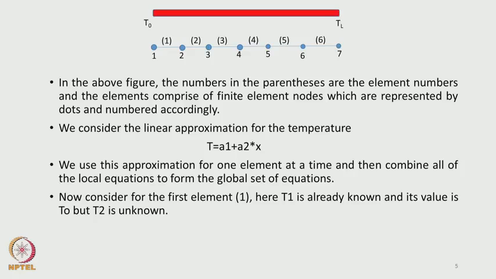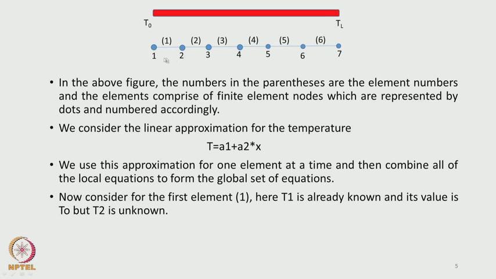Consider the first element, element 1. T1 is already known. T1 is the left side temperature, which is given from the boundary condition as T0, but T2 is not known. That is, the temperature at nodal location 2 is not known.